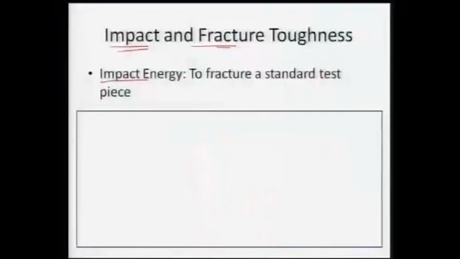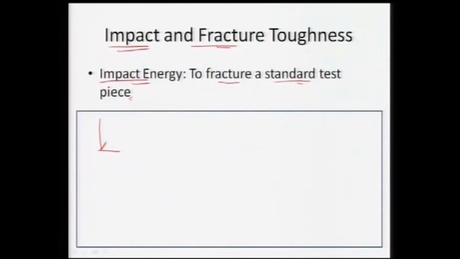The impact energy is defined as the energy which is absorbed while fracturing a standard test piece. So, like we do a tensile test, this is a much more rapid form of the impact test, so that we can achieve fracture very quickly.